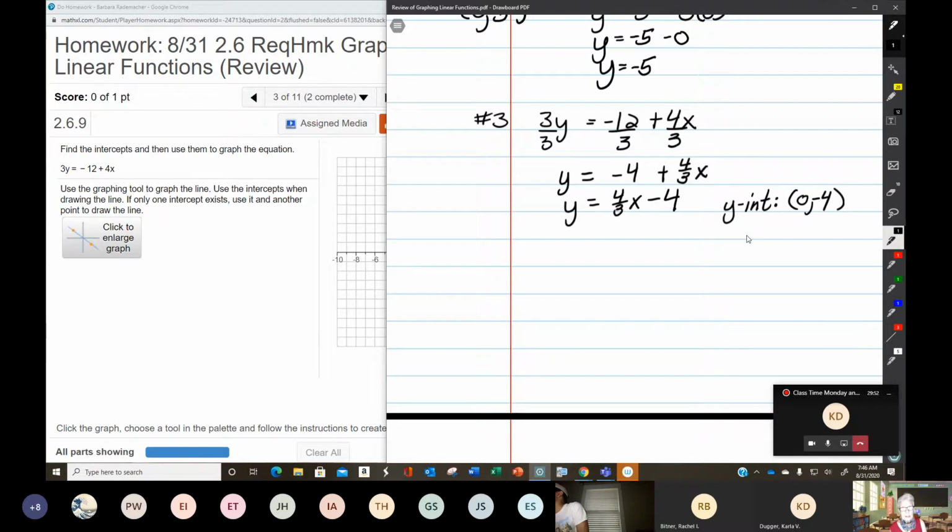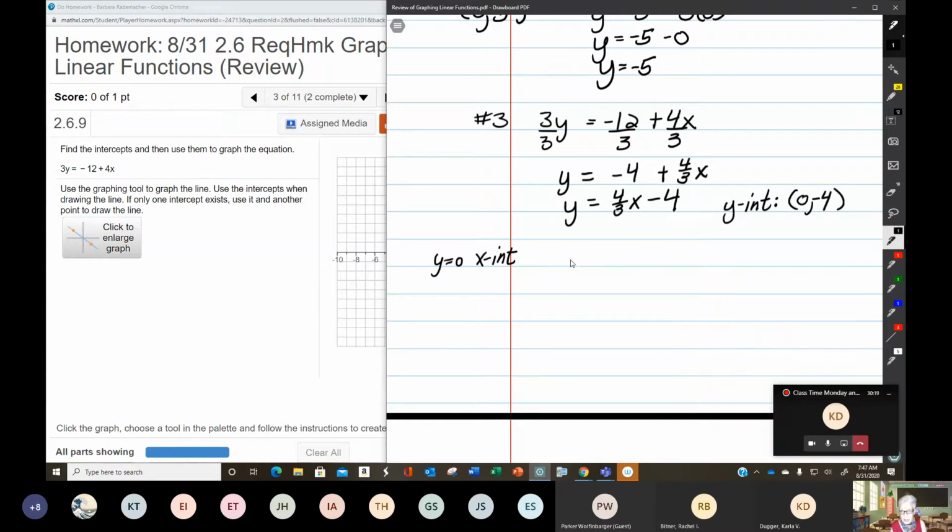So when I have a line in slope-intercept form, if you're lazy like I am, you can always just go ahead and find the x-intercept. The x-intercept is always harder to find. It can be a pain. Here we go. Here's the x-intercept, and it's what I get when I let y equal 0.